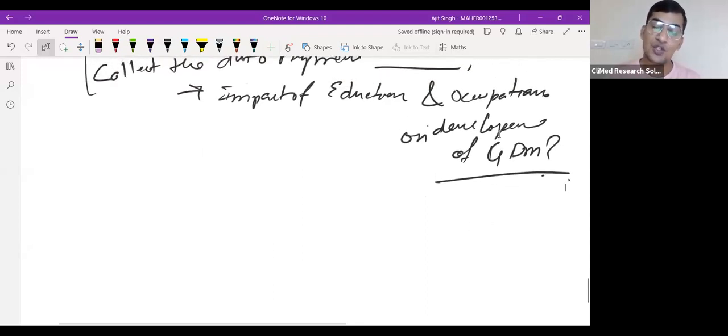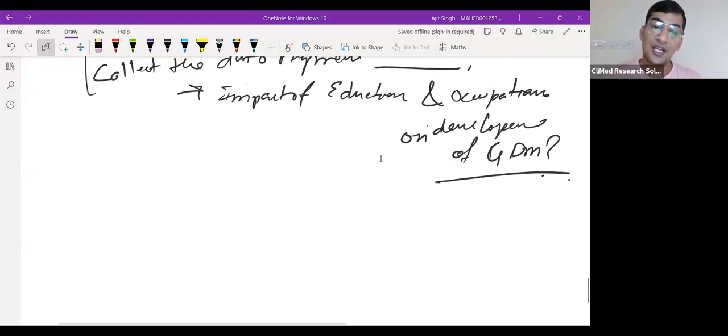That is my question. How is education impacting the pregnant women, and how is occupation impacting the pregnant women to get GDM? So what are the parameters you want to collect? Tell me.